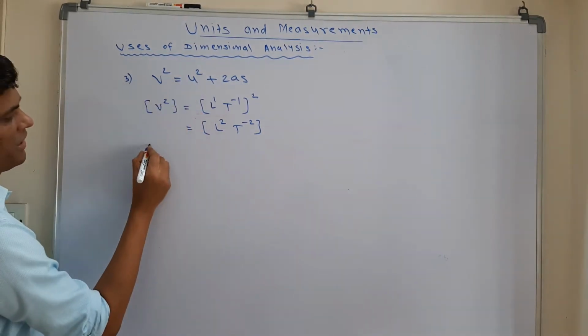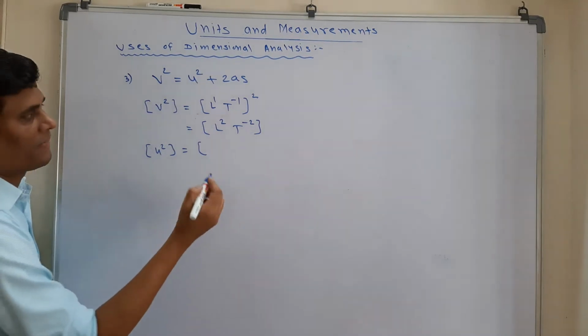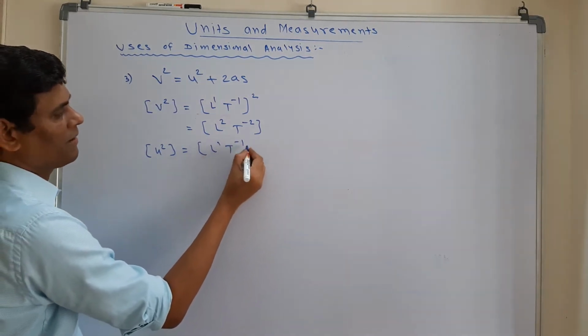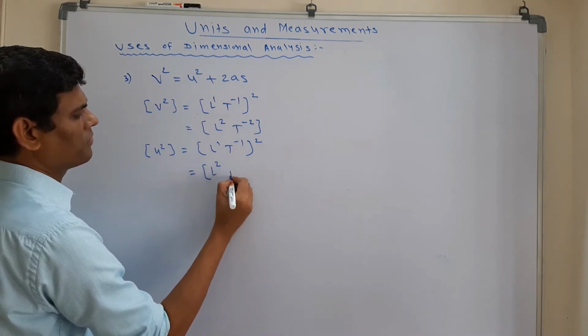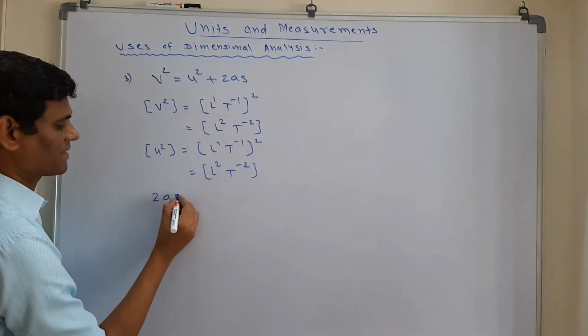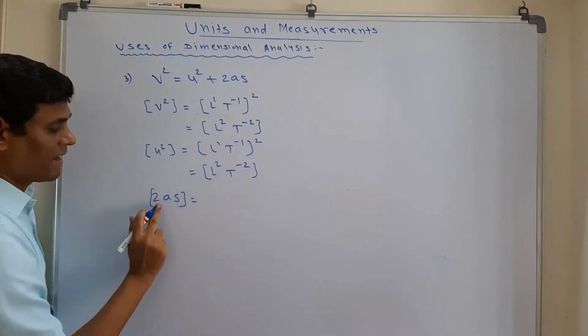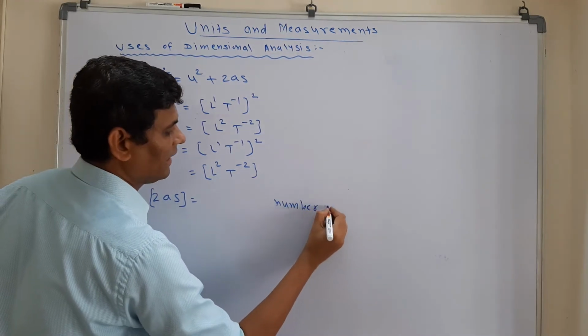Then initial velocity u square, same way velocity, so L raised to 1 T raised to minus 1, raised to 2. We'll get L raised to 2 T raised to minus 2. Now last term 2as. As I said, number is dimensionless.